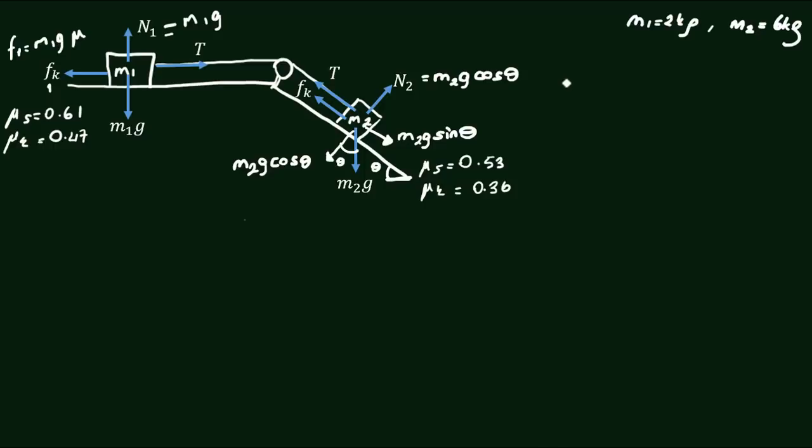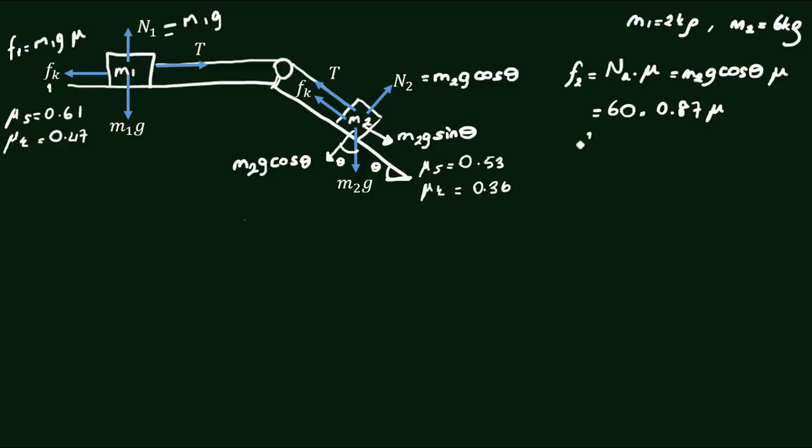So we can write the friction force acting on M2, F2, let's call it, which is the normal force times the coefficient of friction, static or kinetic. So it is M2G cosine theta times mu. Let's just have some numbers for it. M2 was 6 kilograms. So we have 60 times 0.87 mu.